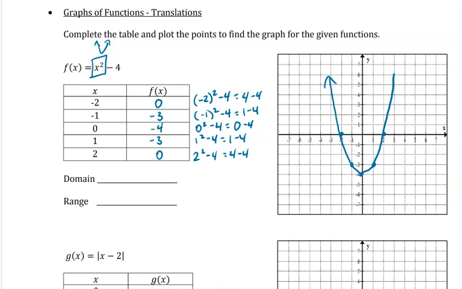Okay, so domain, still the same, negative infinity to infinity, still arrows on the left and right. Range, lowest it goes is now negative 4, still to infinity. All right, so let's go ahead and look at another one.